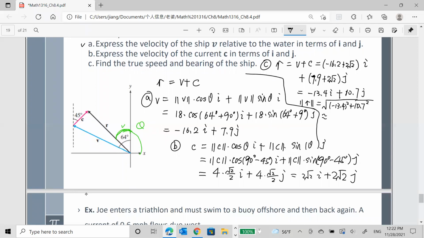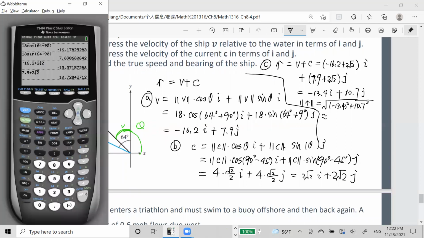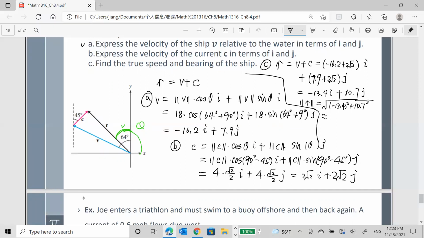That's about the square root of negative 13.4 squared plus 10.7 squared. Then hit enter. That's 17.1.